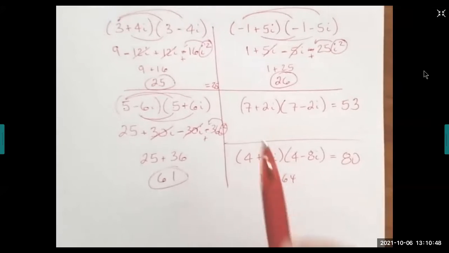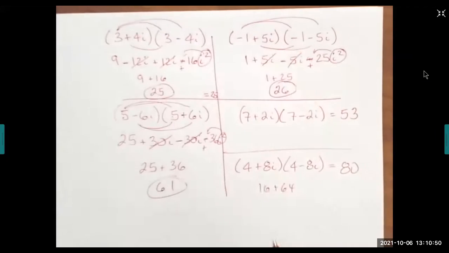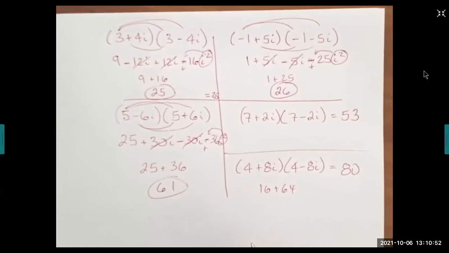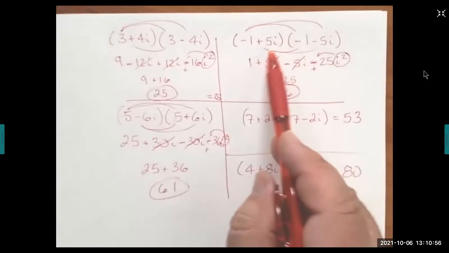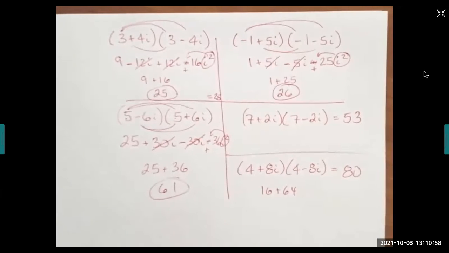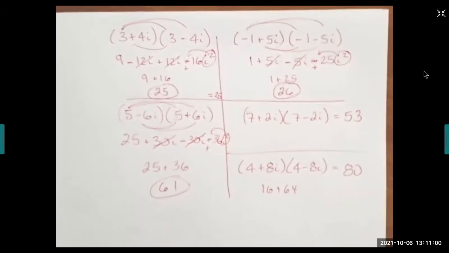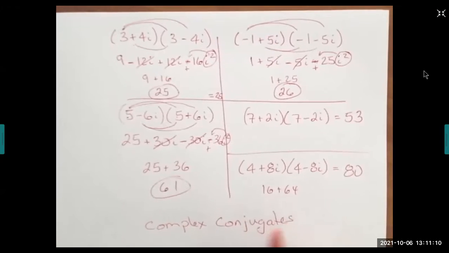These numbers, if you notice, each have only one thing different. What is it? Yeah, the sign in front of the i term is different. That's the only thing different. We call these guys complex conjugates.